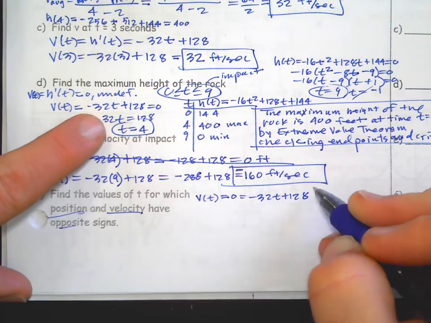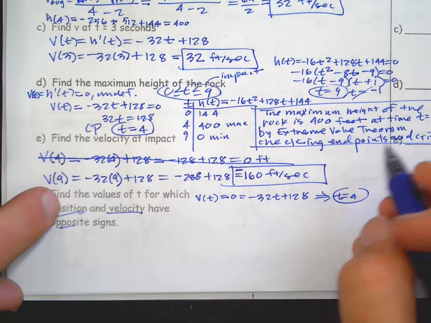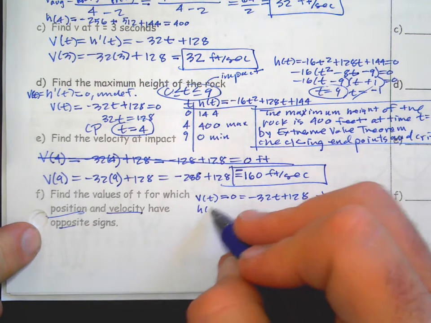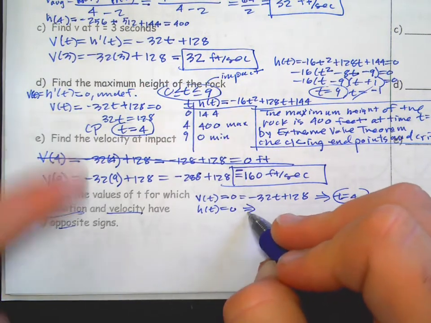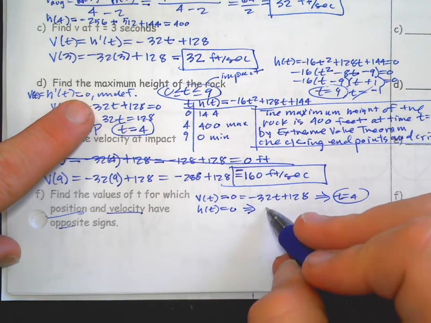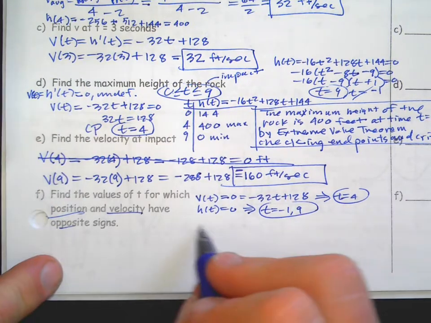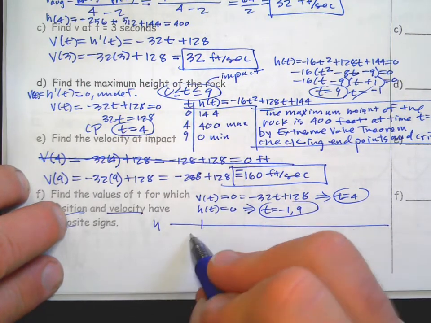Right up here, that was time 4. And position would be when the function equals 0, which we already found back when we found negative 1 and 9. Now I might put this on my line check. So my line check for h is going to have a negative 1 and a 9.